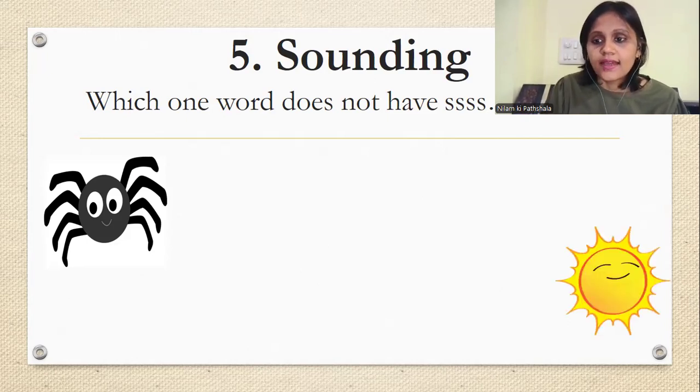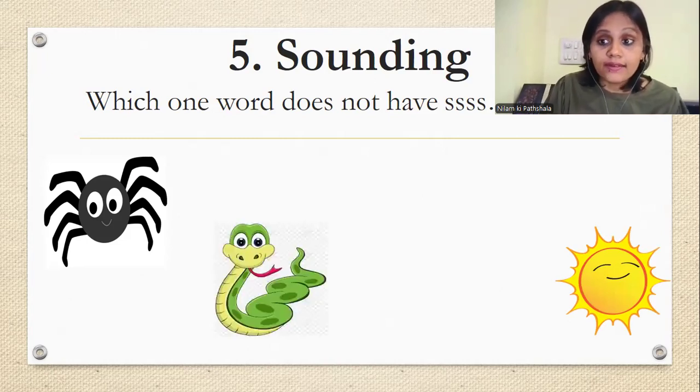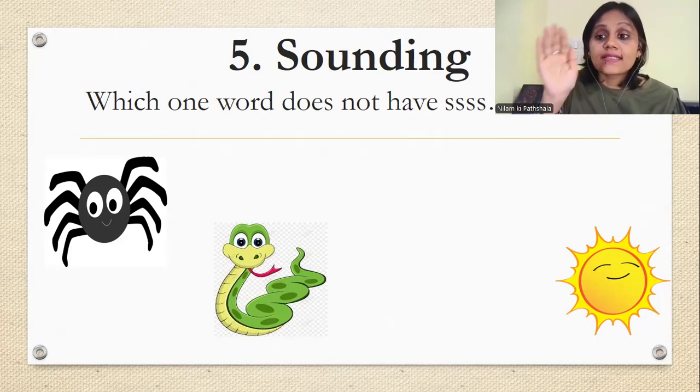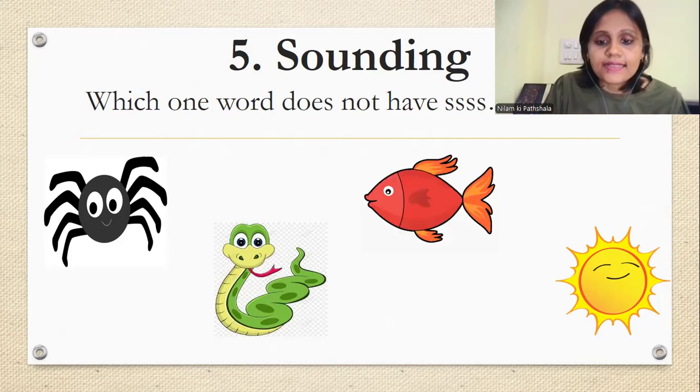Oh, sun. Yes, sun also has the beginning sound of S. Okay, let's check the next one. Oh, what is this? A snake. Okay, let's say and check. Snake. Snake also has the sound of S. Yes.